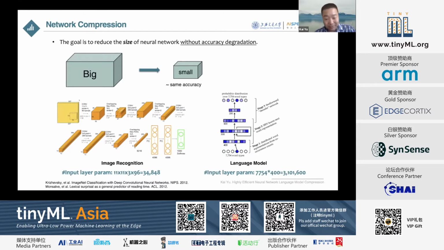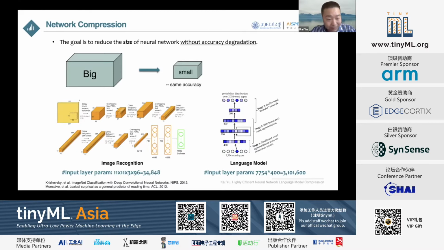But in comparison, if we are talking about language models and natural language processing, the input layer is much larger. In a typical case, if we have just a 7K vocabulary, which is not a big vocabulary, with, for example, a 400-dimensional vector as the word embedding, the parameter count is almost 3 million.